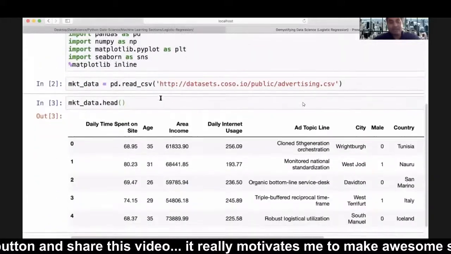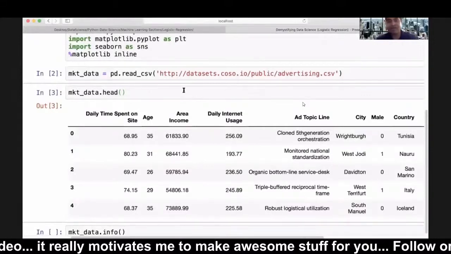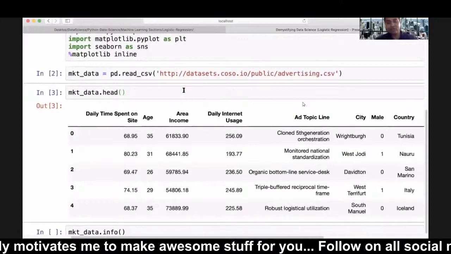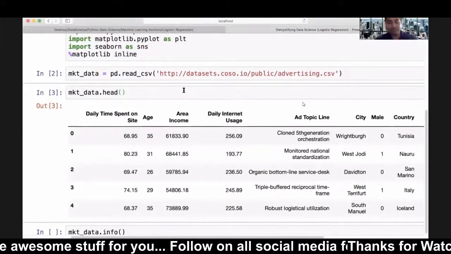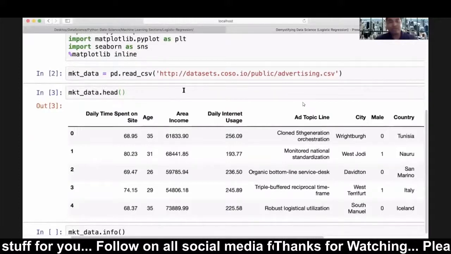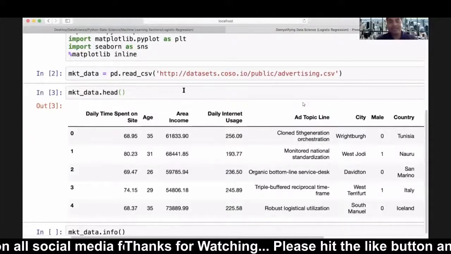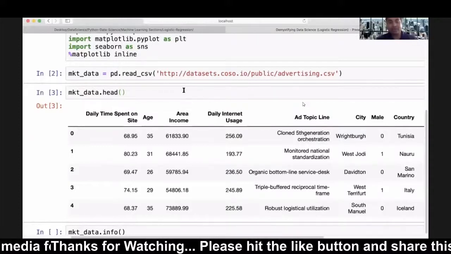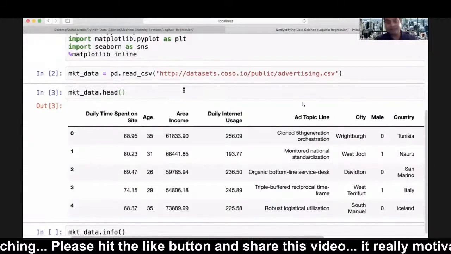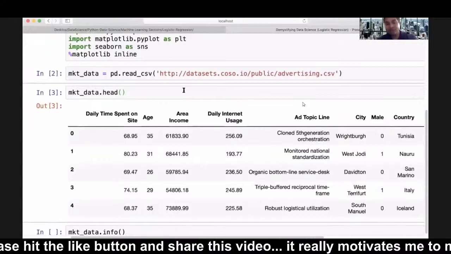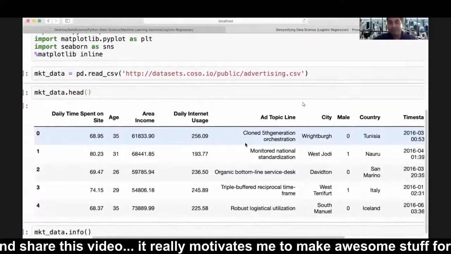Now let's see what data it consists of. It is marketing data on the internet usage of users, so that they can be targeted for a marketing promotion. It consists of the daily time spent on the site, the age of the users, the average area income, the daily internet usage of the user, and the ad topic line.